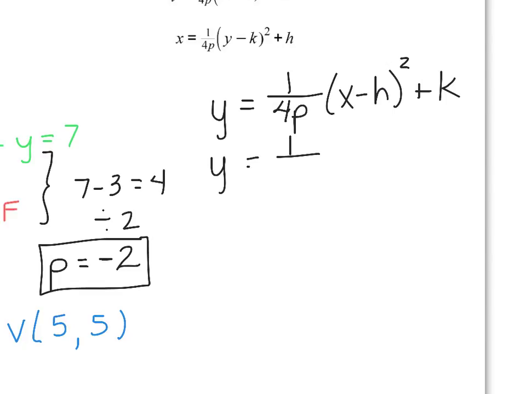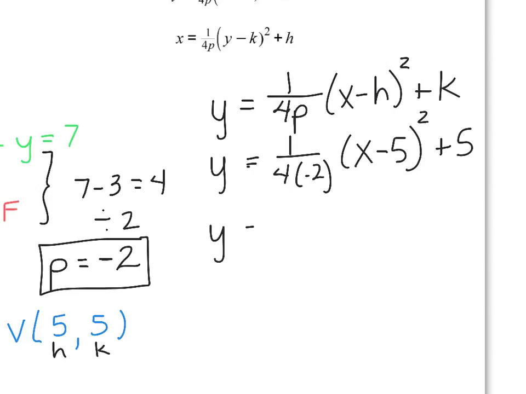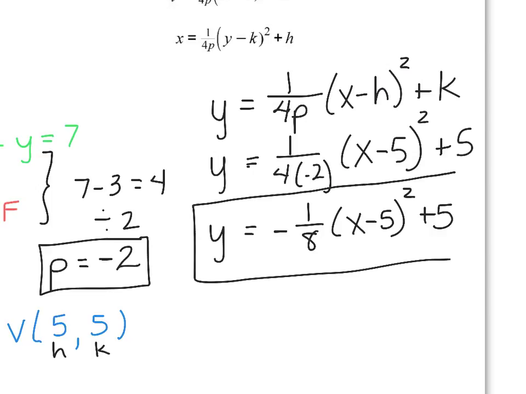We said that p was a negative 2, x minus, so my vertex, here's the h, here's the k, so my vertex is at 5, 5, so that would be x minus 5 quantity squared plus 5. Let's simplify. I'm going to bring that negative out front, so it's negative 1 over 8 x minus 5 quantity squared plus 5. And there is our equation.